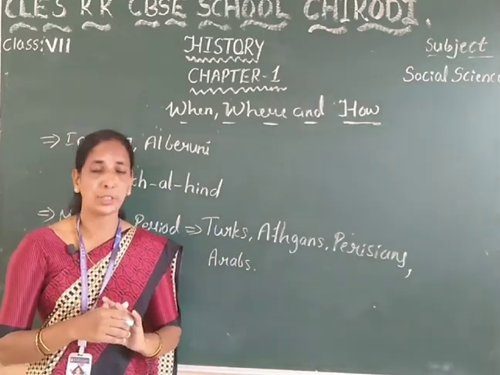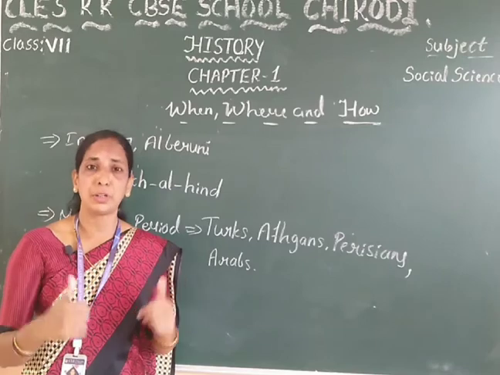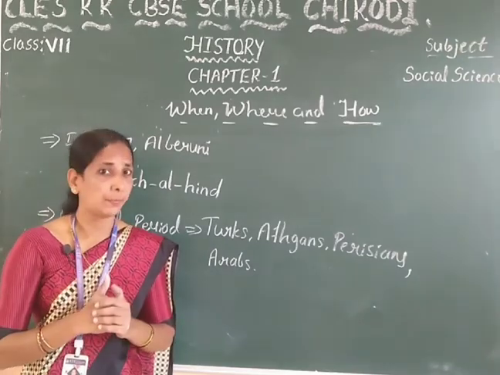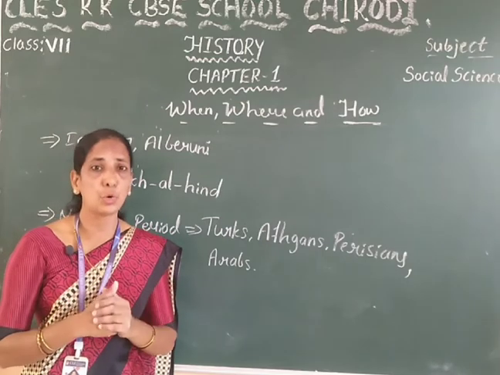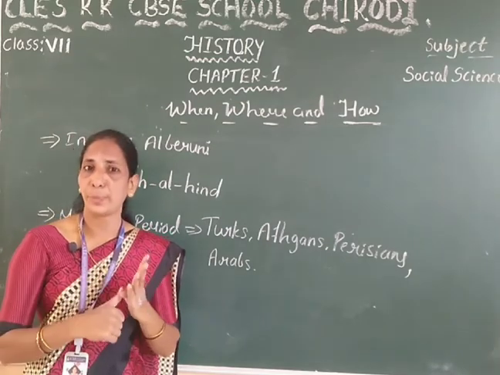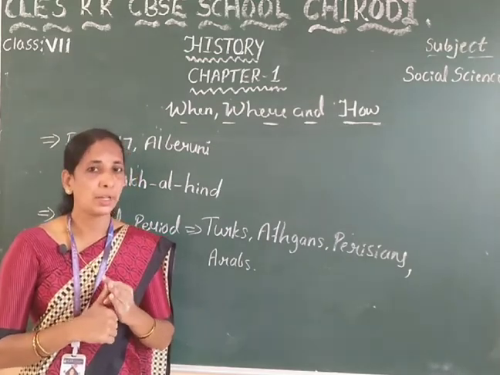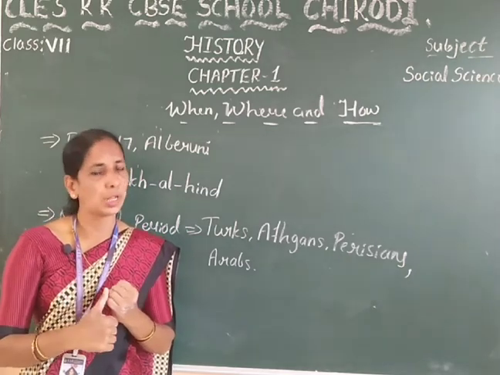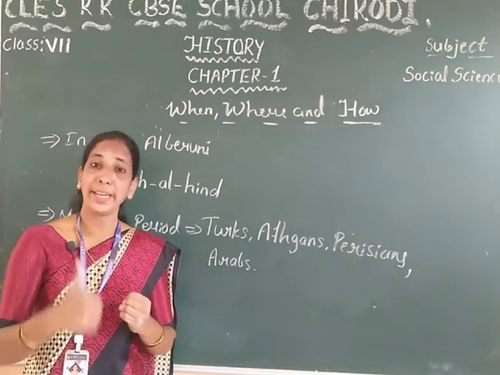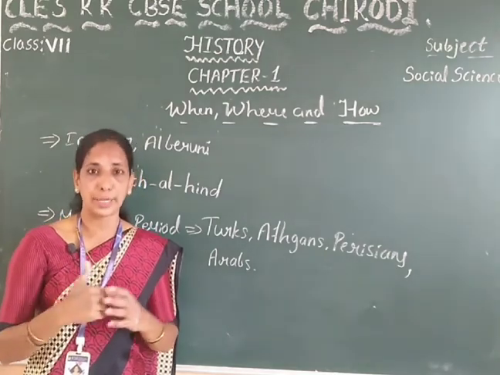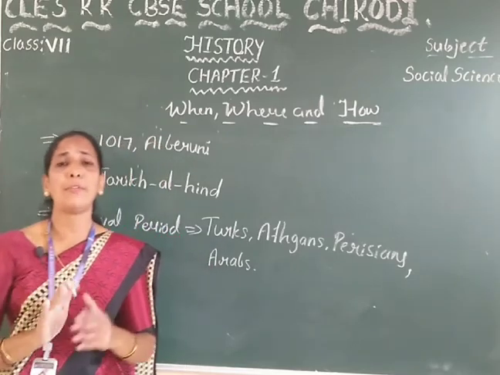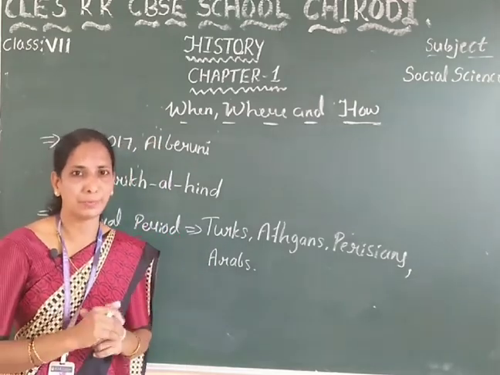Also, we have learnt in today's class the ancient names of India: Jambudvipa, Bharatavarsha, Heptahindu, Sapta Sindhu and Hindustan. You know how these names came to India. And lastly, you have learnt about Al-Biruni.